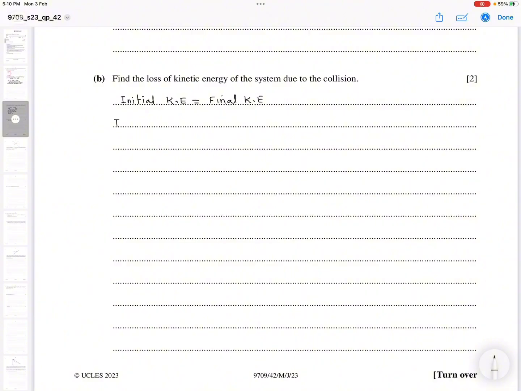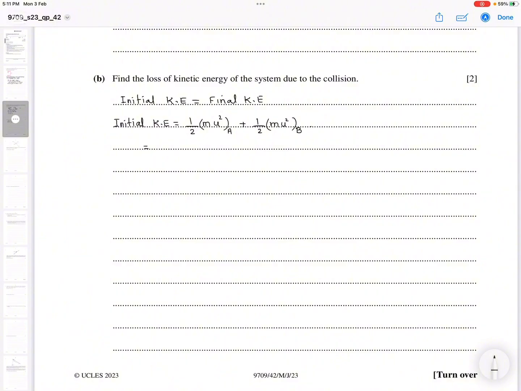So my initial kinetic energy would be equal to half mu squared, this is for particle A, plus half mu squared, this is for particle B.